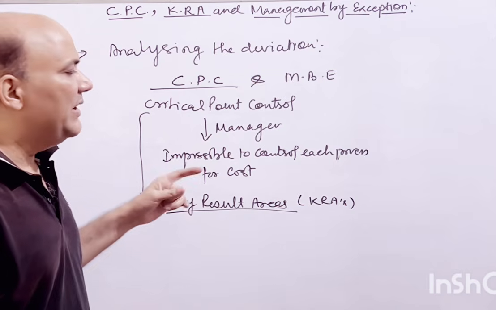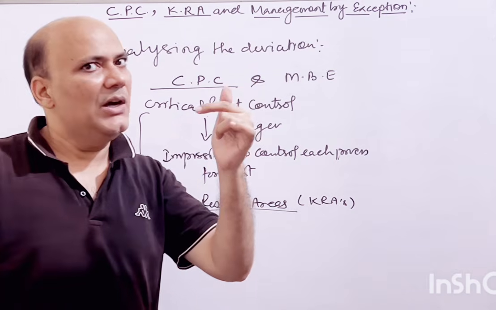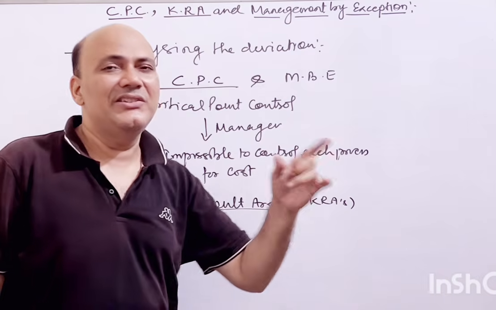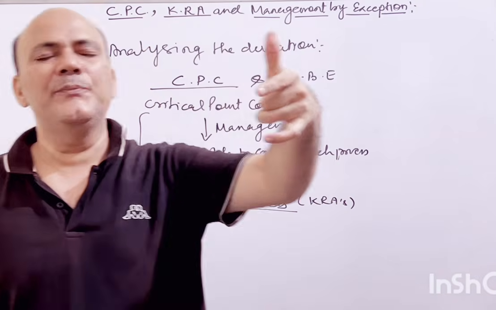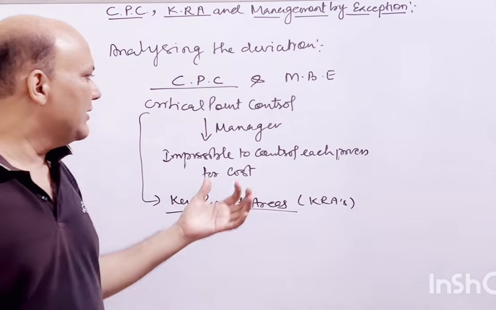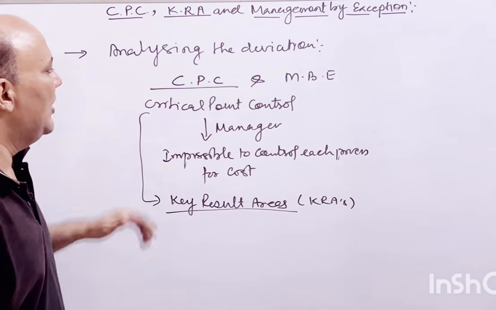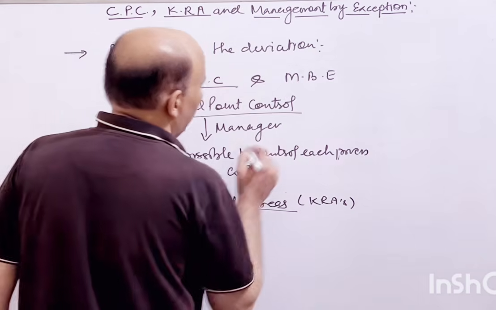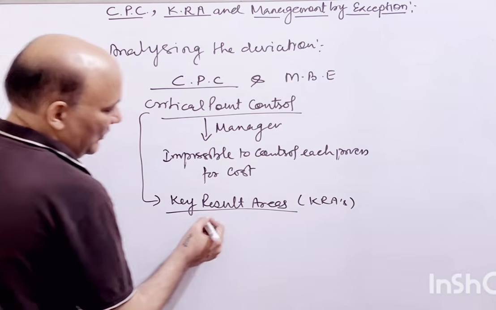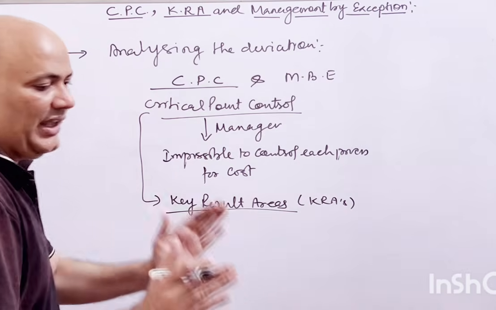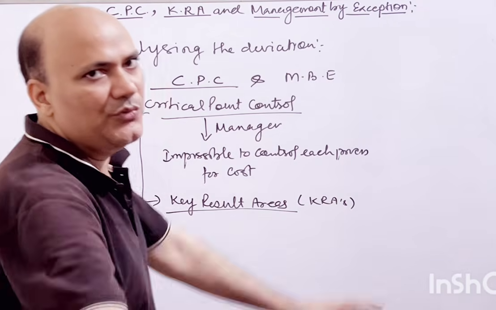So that is where the bank has to find out the key result area. That is the result area which will affect the performance of the bank. So as an organization, as a manager, you have to find out the critical points to be controlled, and the key result areas which are going to affect your future performance.